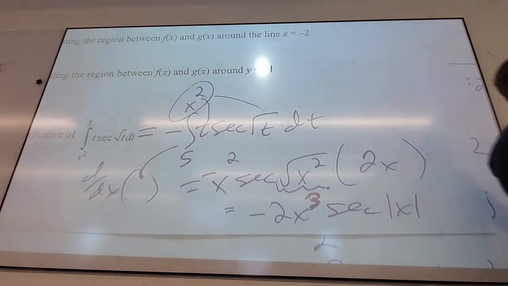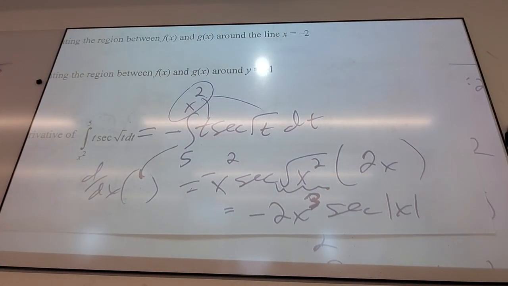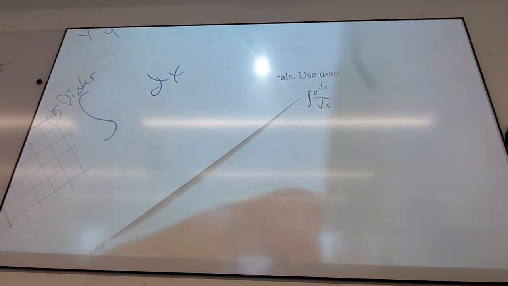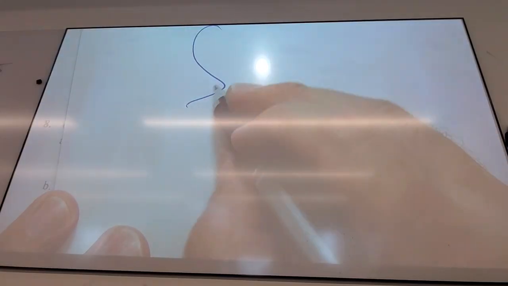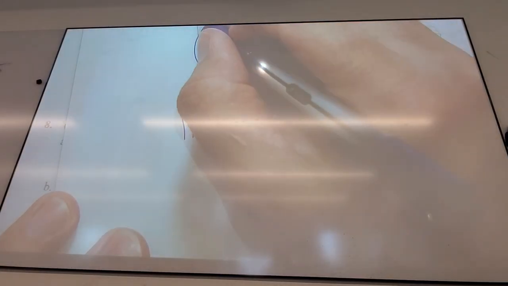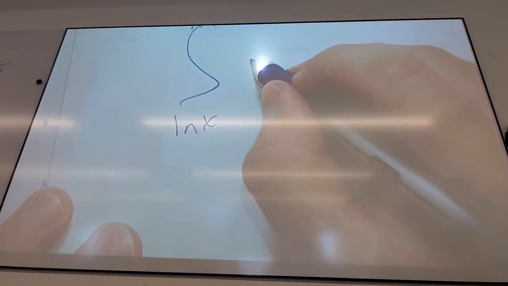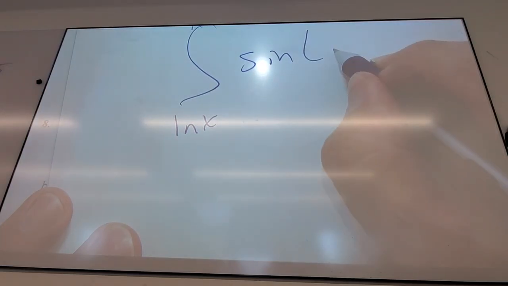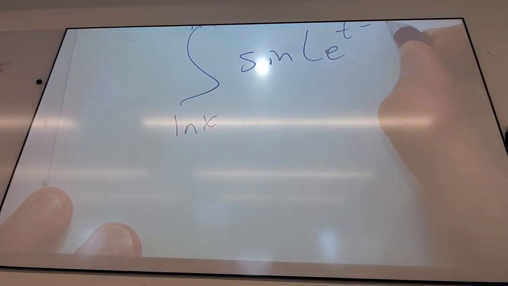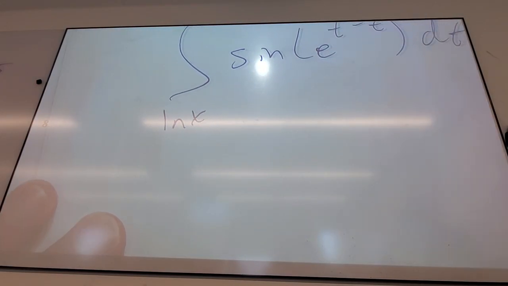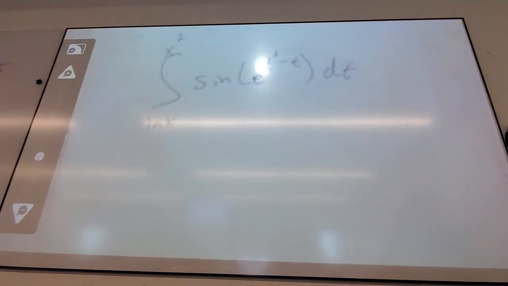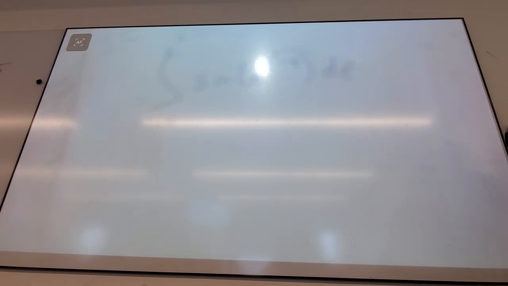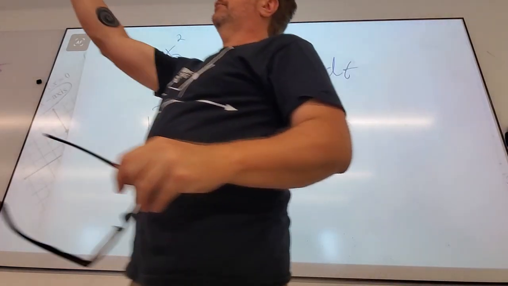What if you had a problem, maybe in the homework, where they asked you to take the derivative of this? I'm about to ask you what is the worst part about this.